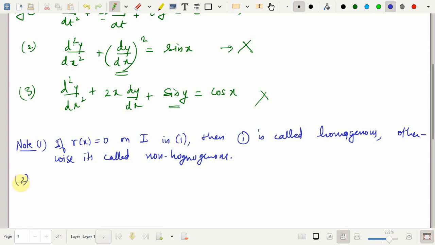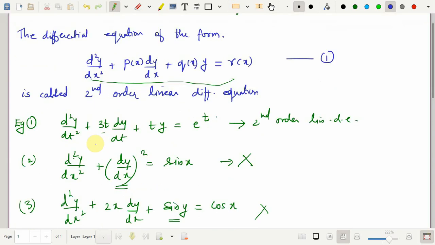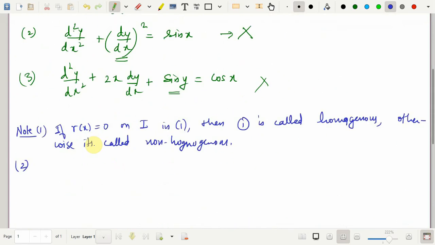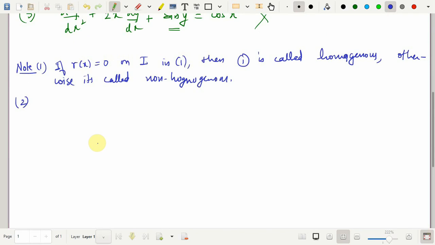Secondly, we associate a function to represent the given differential equation, so that it becomes easier for us to discuss this kind of differential equation. So, what we do is we associate another function, denoted in this way, L of y.